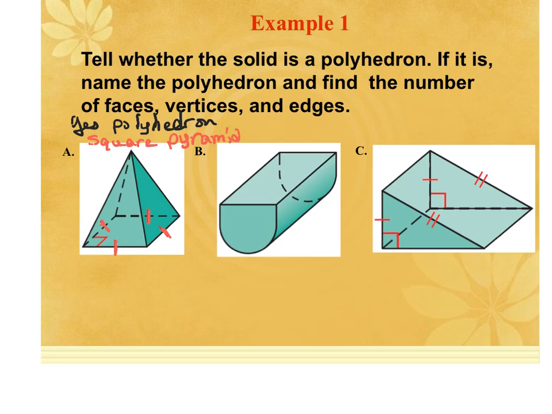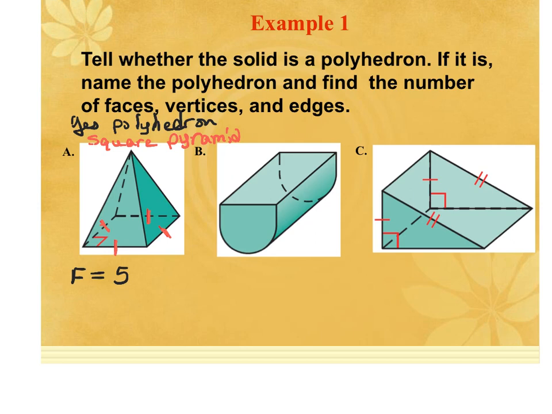So because it's a polyhedron, we're going to count how many vertices we have, how many faces, and how many edges. So let's go ahead and we could do the number of faces first. So we have one base, which is a square, and then we have the 4 triangles up at the top. So we have 5 faces.